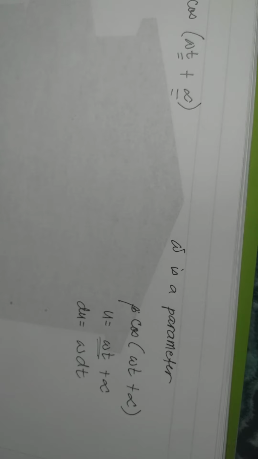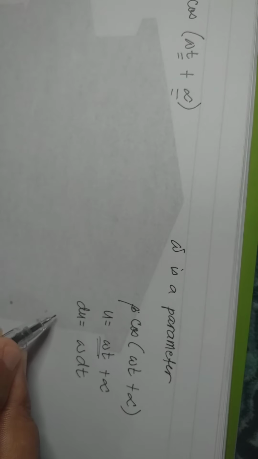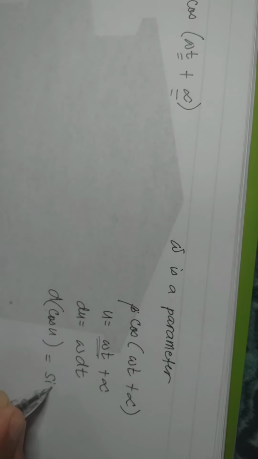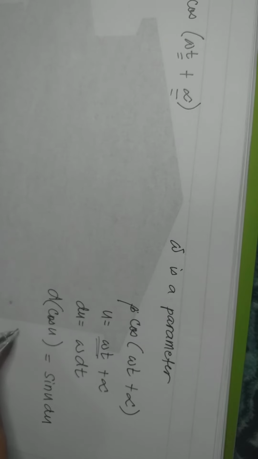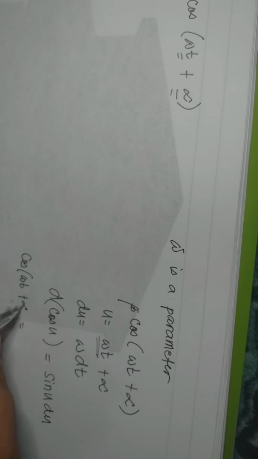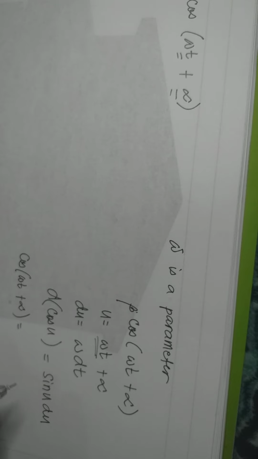Okay? So beta, again, by the way, what is the derivative of cosine u? This is sine u du. But what is u? The derivative of cosine (Wt plus alpha) is equal to sine (Wt plus alpha) W dt.